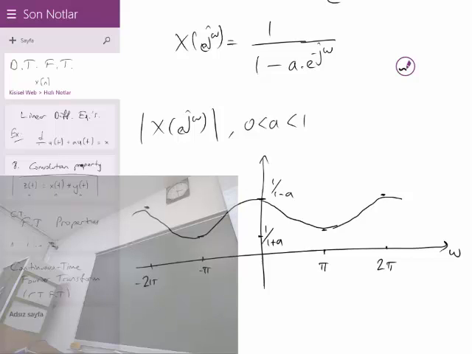And it reaches a minimum at pi, therefore we can say that it's a low-pass signal. The low-pass region is repeating itself with 2 pi periods, and the high-frequency small responses are also repeating themselves with 2 pi periods, from minus pi to 3 pi to 5 pi, things like that. Okay.